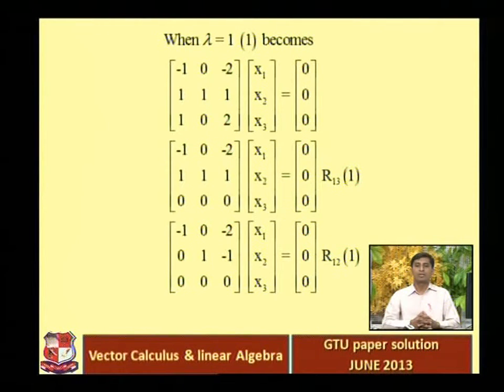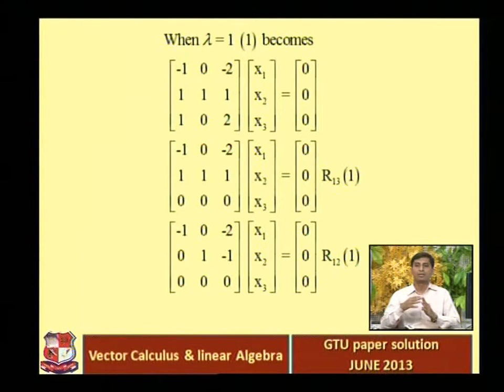And to become a reduced row echelon form, two more conditions we have to add. The first one is our leading entry must be 1. And the second condition is, in the column in which we have a leading entry, definitely below that leading entry we have 0, but above that leading entry also we want 0.